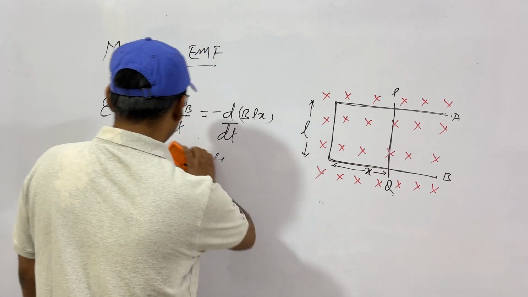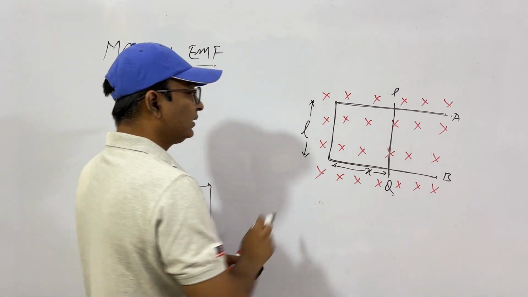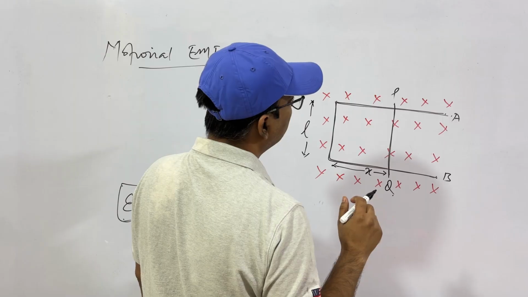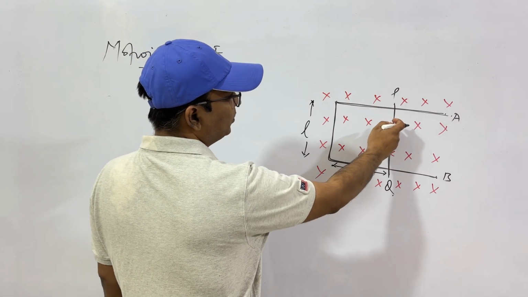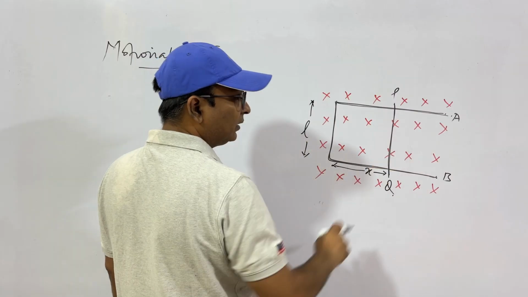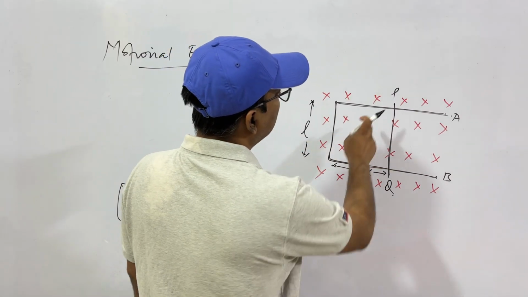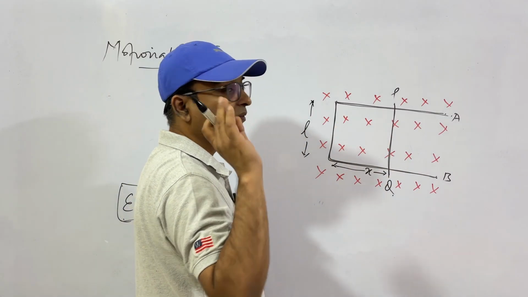Let's say the resistance in this circuit is R. If we say that the resistance in this closed circuit is R, it would be very difficult to actually calculate. Why? Because the position will be changing, and that will affect the resistance also. So let's say this rail part has very insignificant resistance.